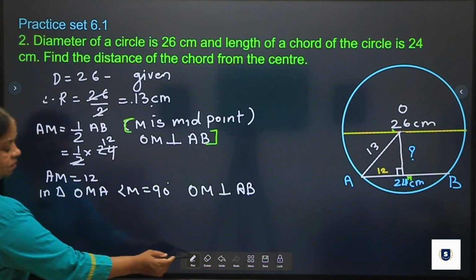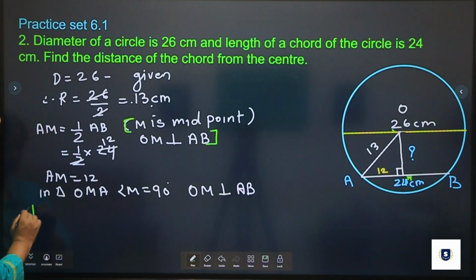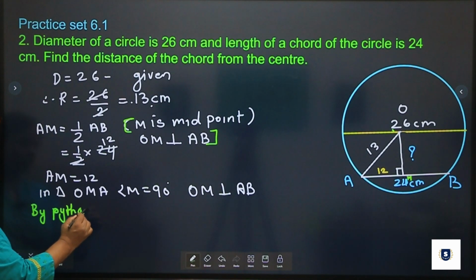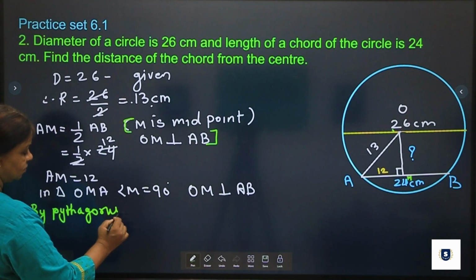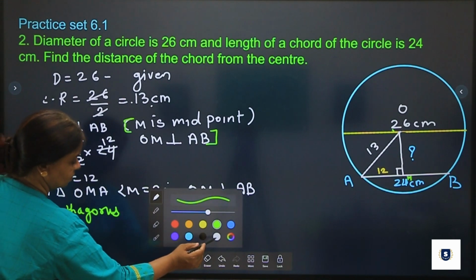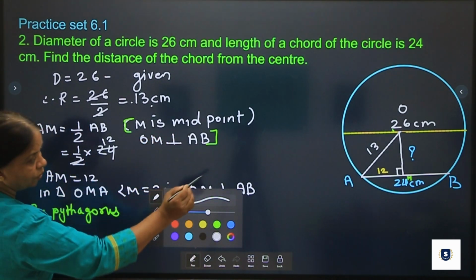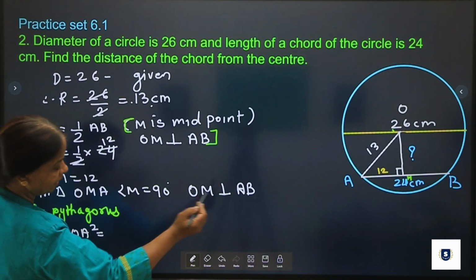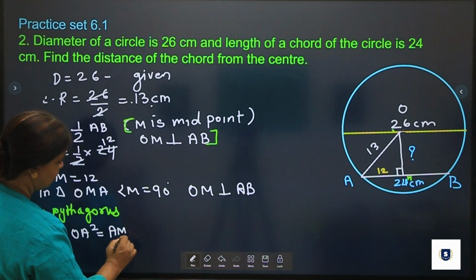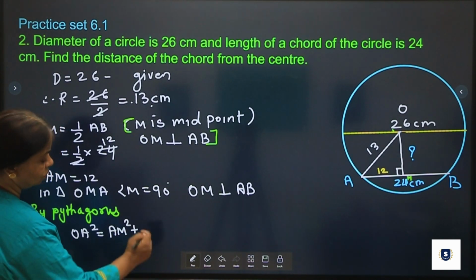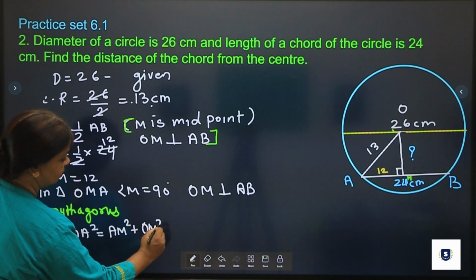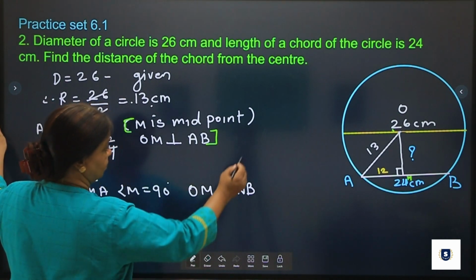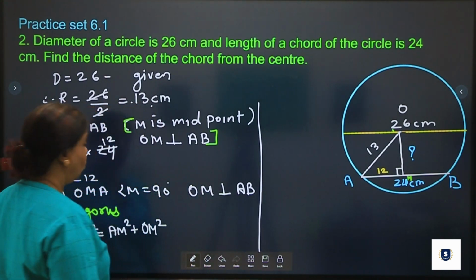So by Pythagoras theorem, OA square is equal to AM square plus OM square. OA is how much? OA is 13.